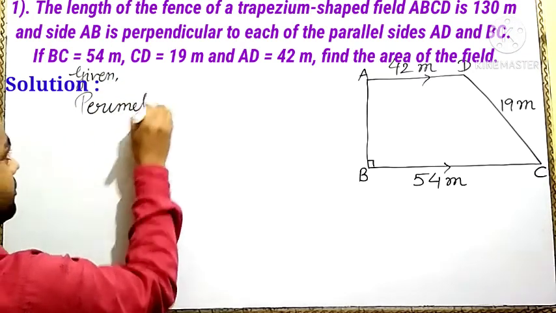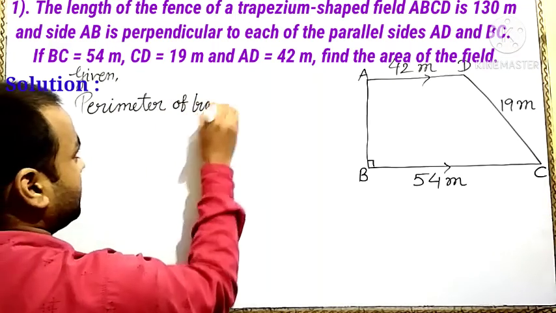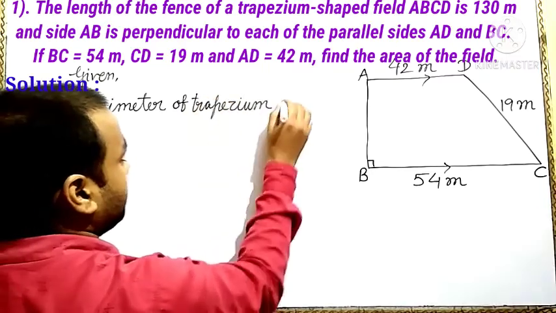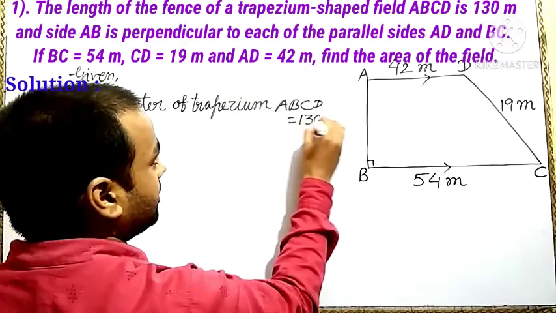The perimeter of trapezium ABCD is equal to 130 meter.